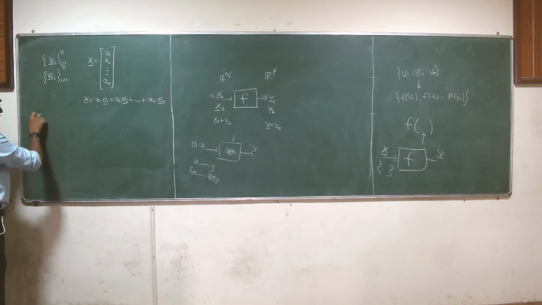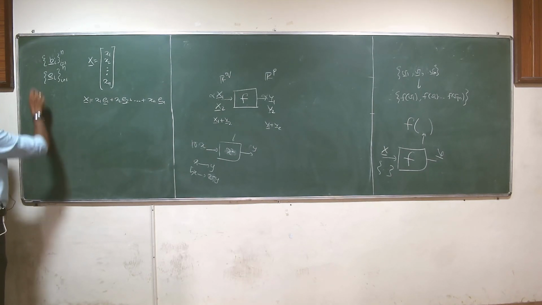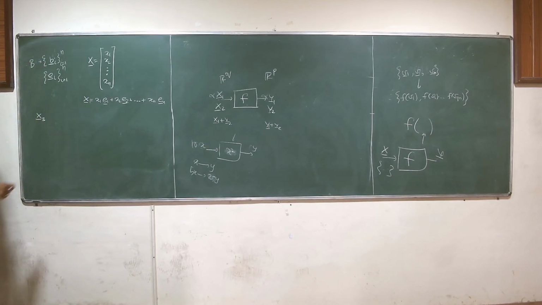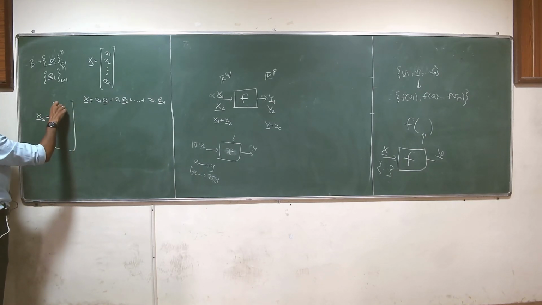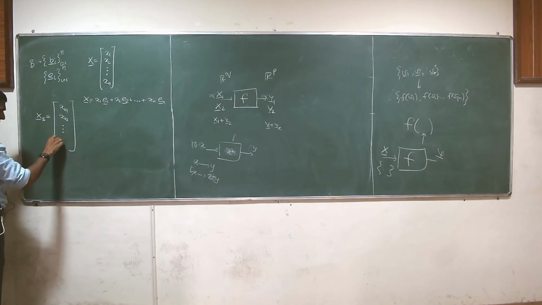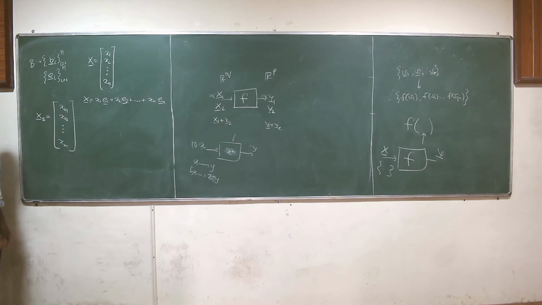Let's say we know the representation of x in the b basis. This is the b basis. Let's say this representation is given by xb1, xb2, ..., xbn.